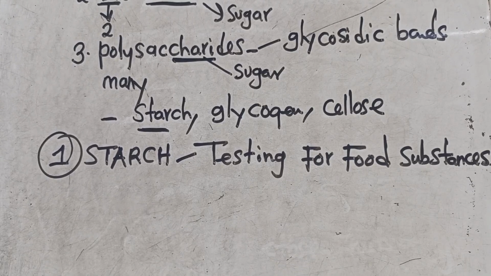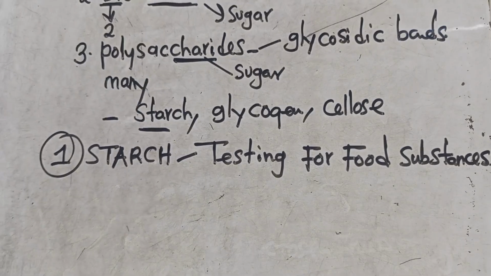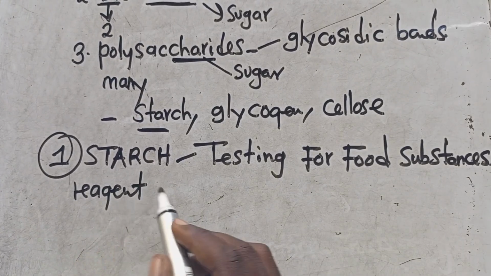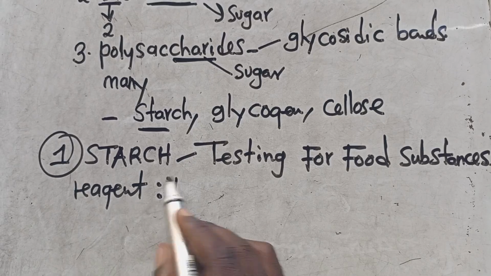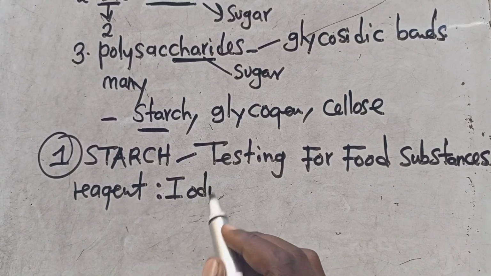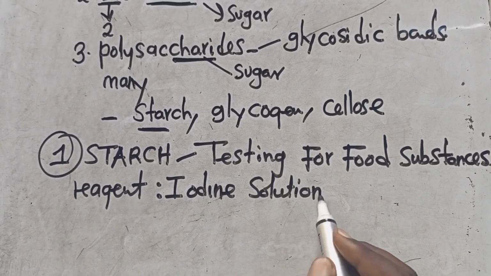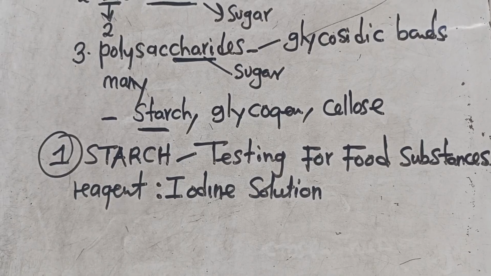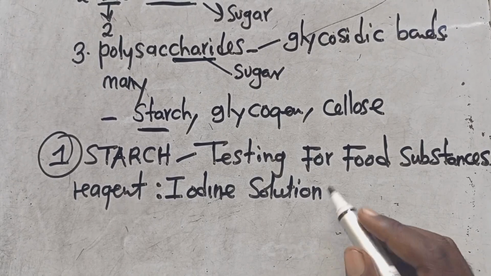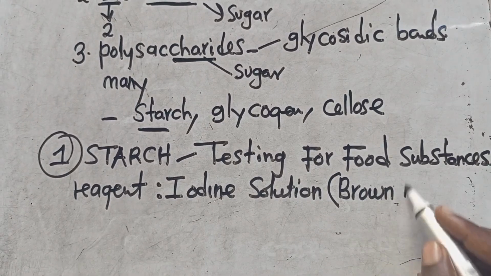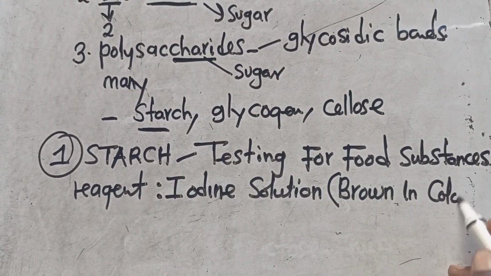The test for starch is commonly performed using iodine solution. This is the reagent that is used, and the iodine solution is brown in color.